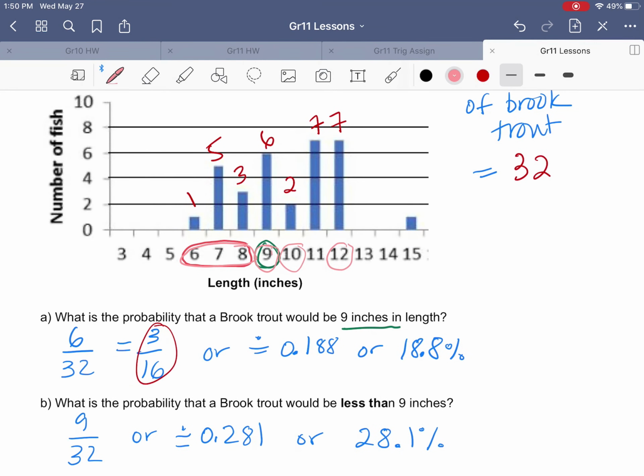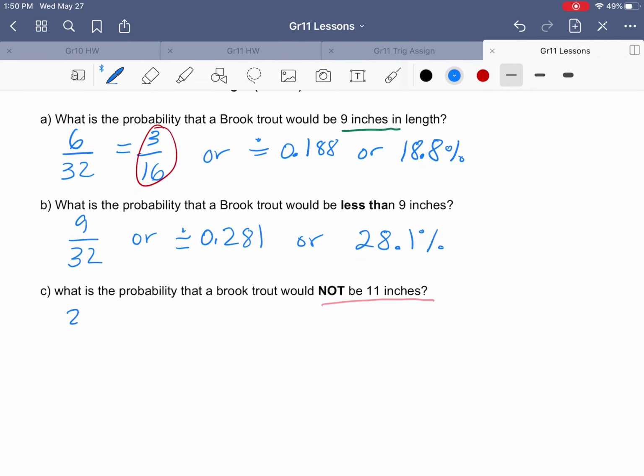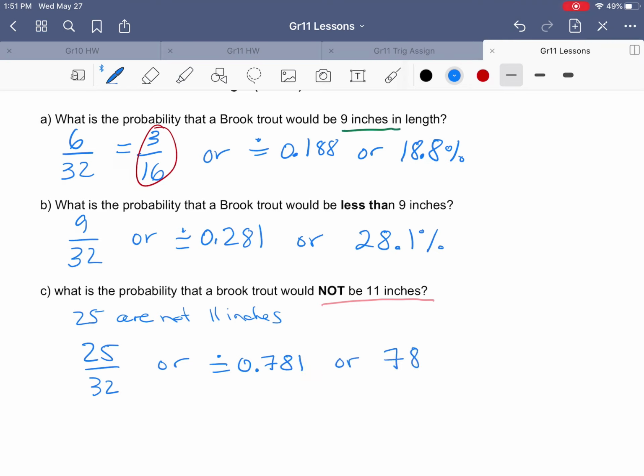Or you can see there's only 7 that are 11 inches. So 25 are not 11 inches. We have 25 on 32, and we can't reduce that fraction anymore, but we can write it as a rounded decimal, 0.781, or as a percent, 78.1%.